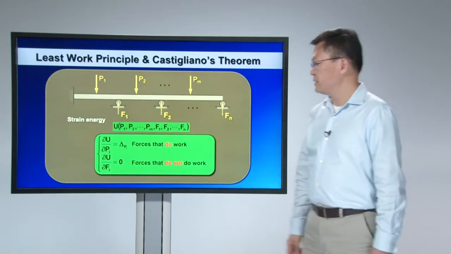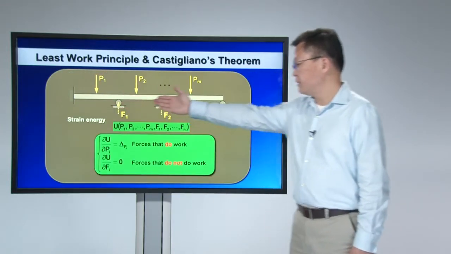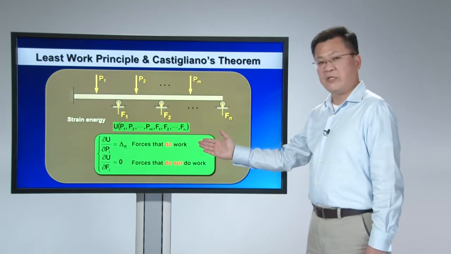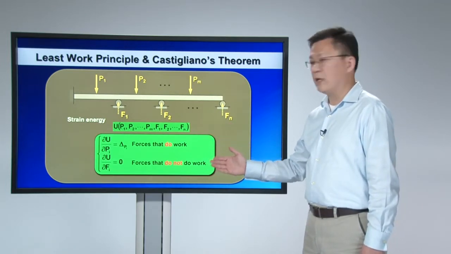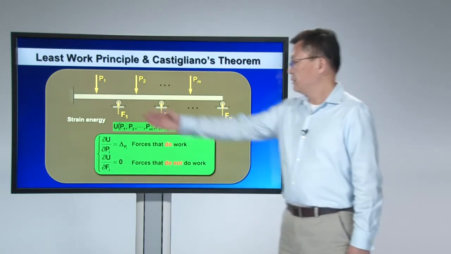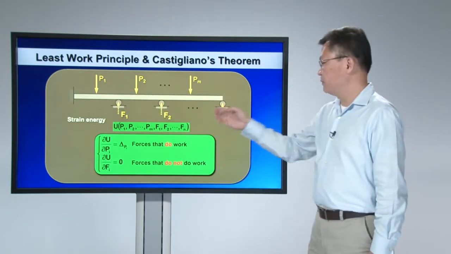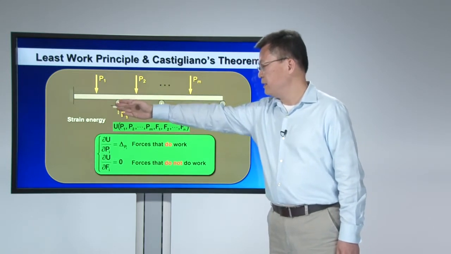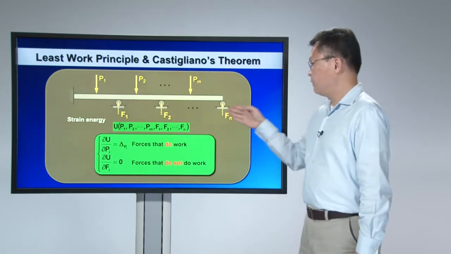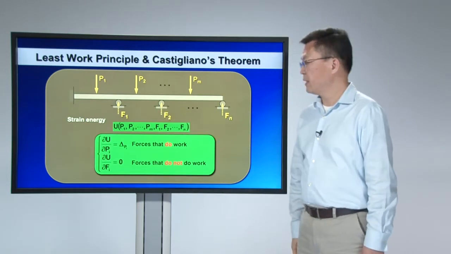So to summarize, I can establish Castigliano principle and least work principle simultaneously in one structure. Use this structure as an example. This is a cantilever beam on the left, but inside the span there are a few roller supports.